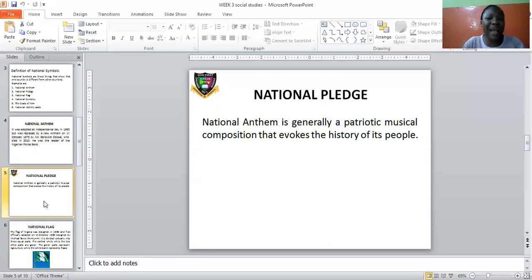So God will not be happy if we are not keeping up with the fight that these people have won for us. So when the pledge is being recited, it's like you are vowing to God that you are keeping this at heart. I will love my fellow Nigerians. I will love my country and fight for her. You know?